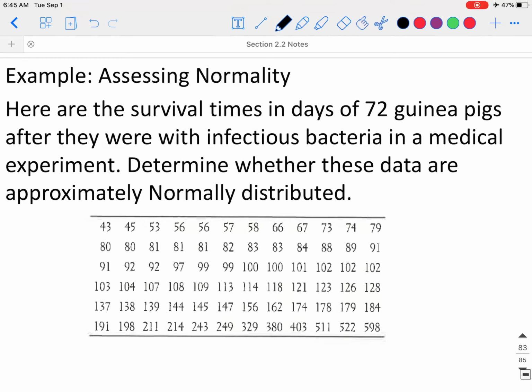Here are the survival times in days of 72 guinea pigs after they were given infectious bacteria in a medical experiment. Determine whether these data follow an approximately normal distribution. The first thing we need to do is plot the data in a histogram.